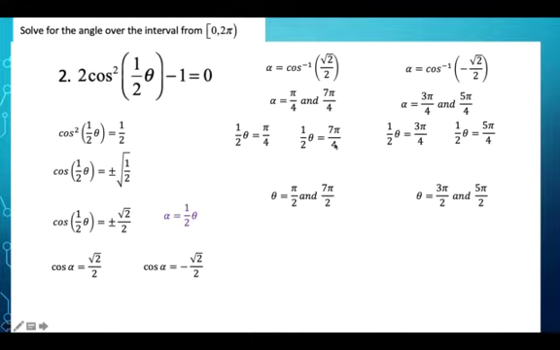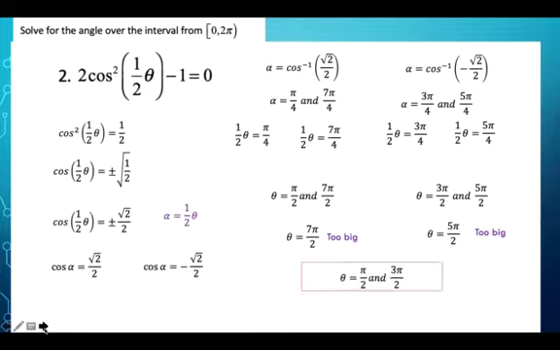This angle here is a quadrant 4 angle. This angle here has a numerator of 5, a quadrant 3 angle. So when I solve, it puts them out of the interval from 0 to 2 pi. The 1/2 is telling us we're only using quadrants 1 and 2, which is why these two solutions are too big. We want to make sure that our answers make sense.